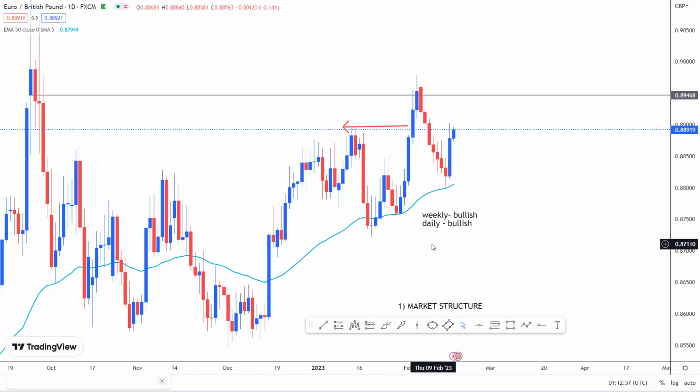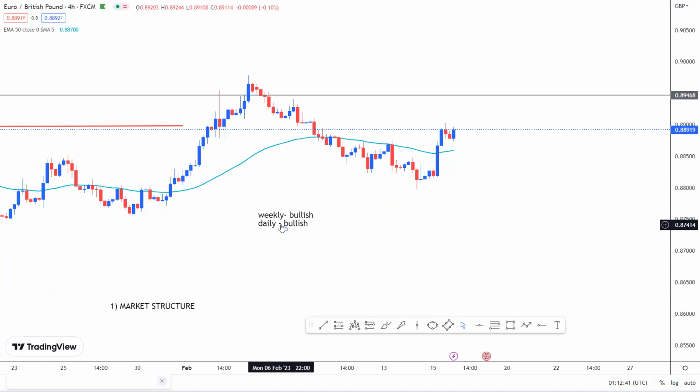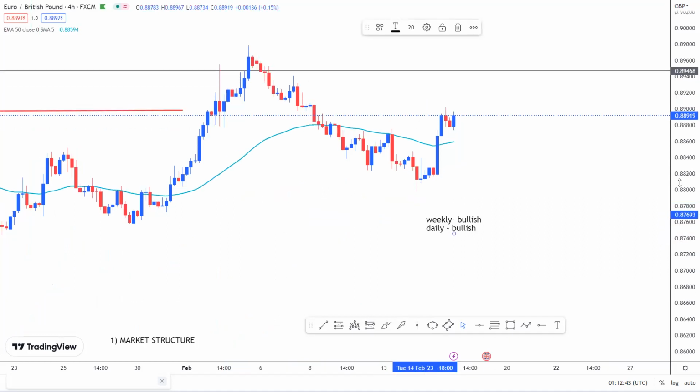And then taking this a step further, the 4 hourly time frame.